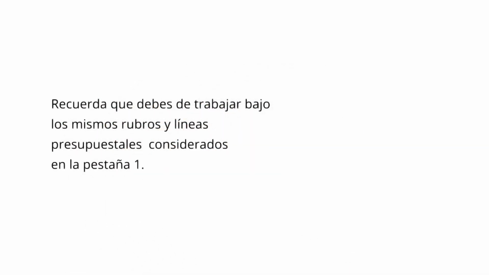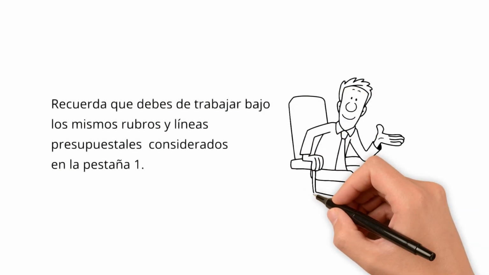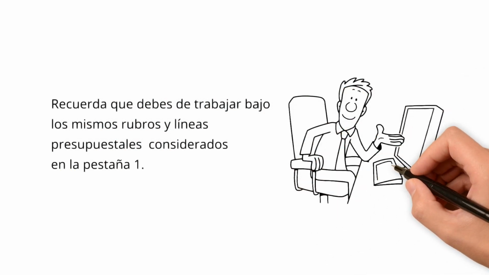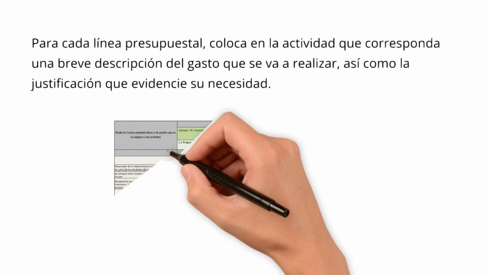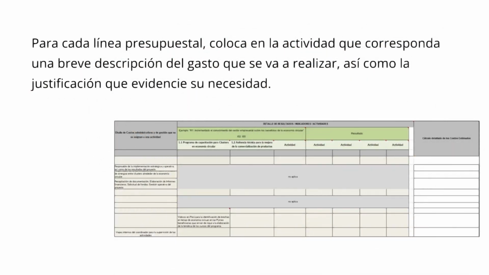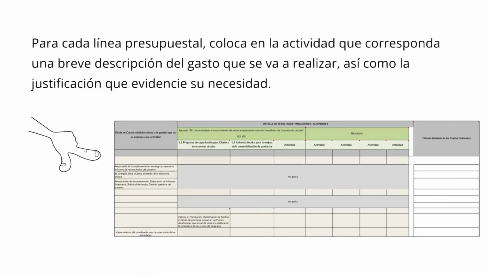Remember that you must work under the same items and budget lines considered in tab 1. For each budget line, place in the corresponding activity a brief description of the expense that is going to be made, as well as the justification that demonstrates its need.